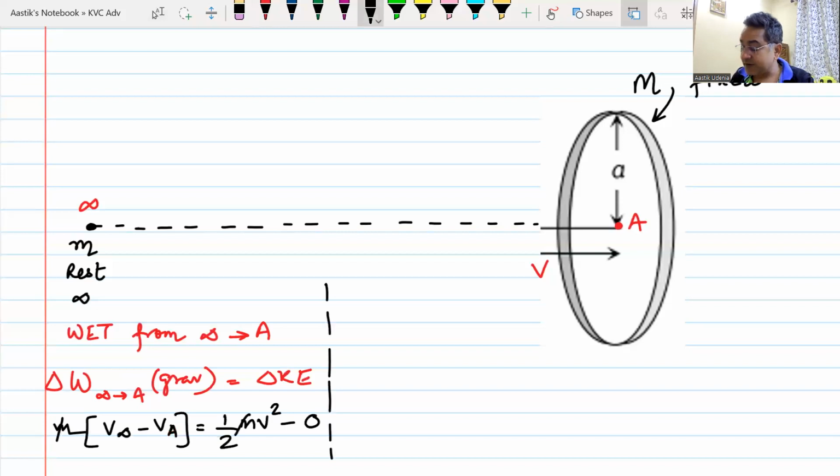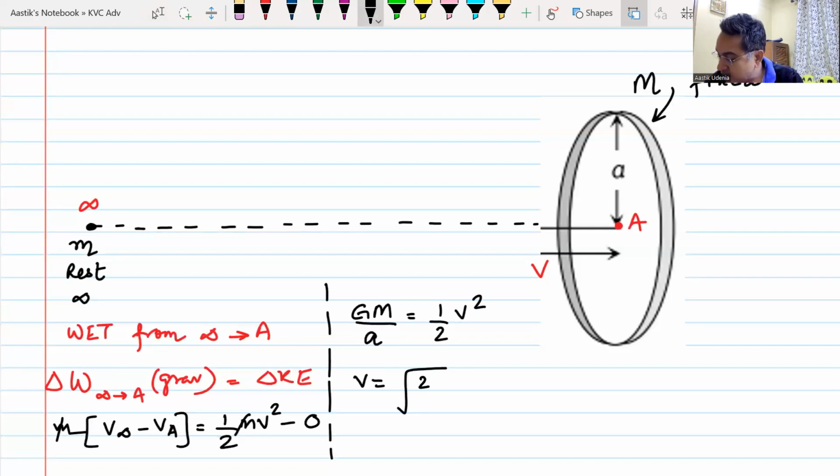The m cancels. Potential at infinity is 0. Potential at point A, the center of the ring, is minus GM by A. Minus of minus GM by A becomes GM by A, equal to half V square. So V becomes under root of 2GM by A, and that is the answer we were looking for.